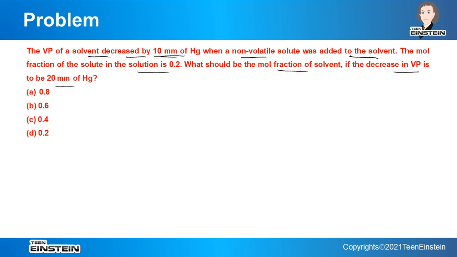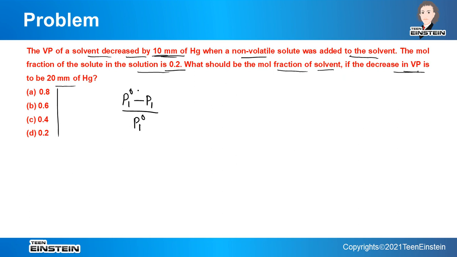So first it is mentioned 10 millimeter Hg when the mole fraction of solute is 0.2. But you have to find the mole fraction of solvent not in this case, you have to find it when the decrease in vapor pressure is 20 millimeter of Hg. All these are options. Obviously there will be no unit because it is mole fraction. So here we will write the expression that we have seen in the previous slide.